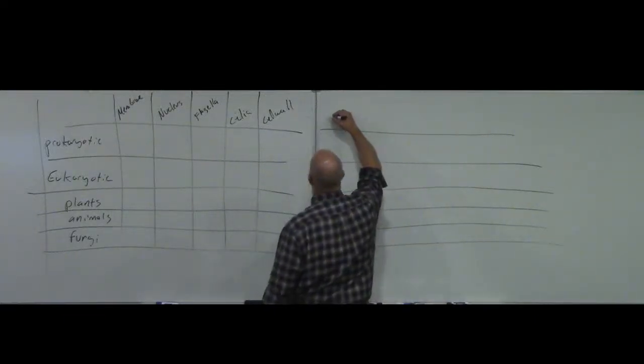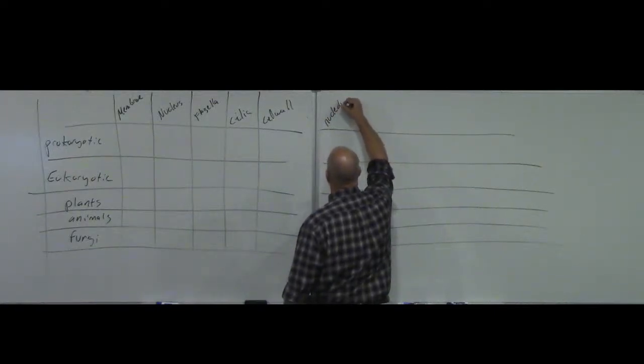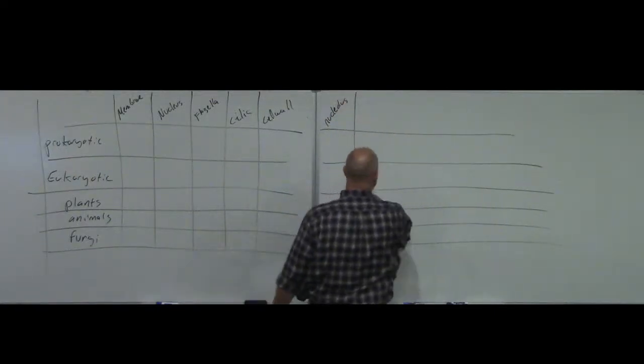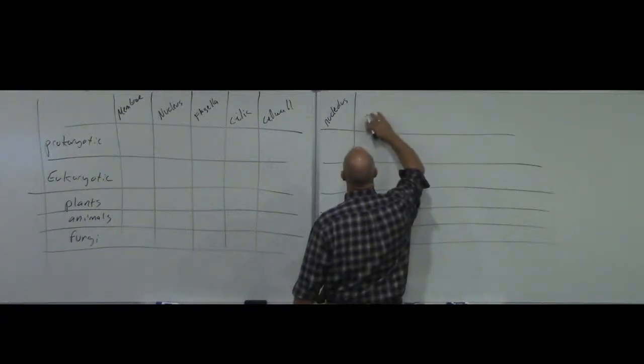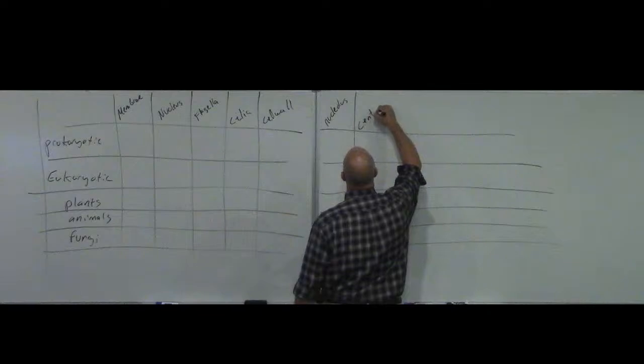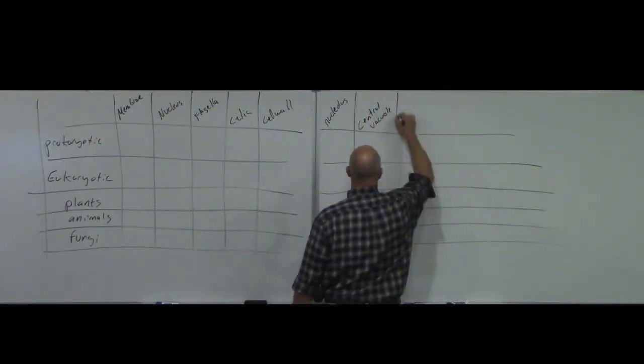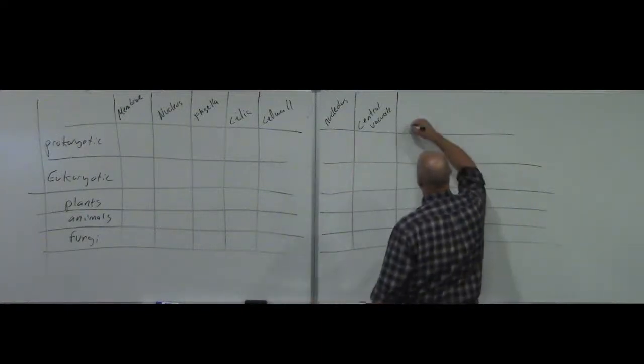What else do we need on here? How about a nucleolus? How about a central vacuole? How about a lysosome?